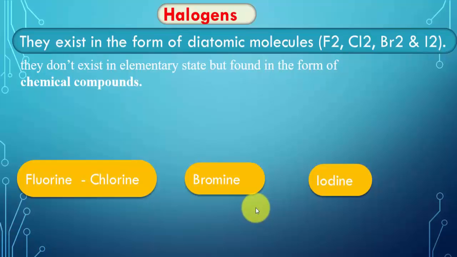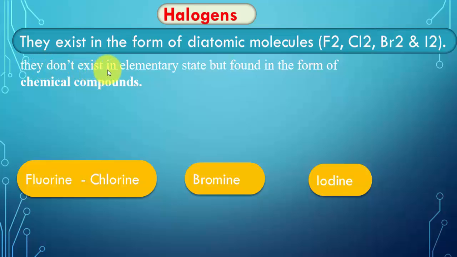Halogens exist in the form of diatomic molecules: F2, Cl2, Br2, I2. What is the meaning? It means halogens are always found as diatomic, 2 atoms, not F only, no, it is found as F2. Cl only? No, Cl2. Br only? No, Br2. Why?